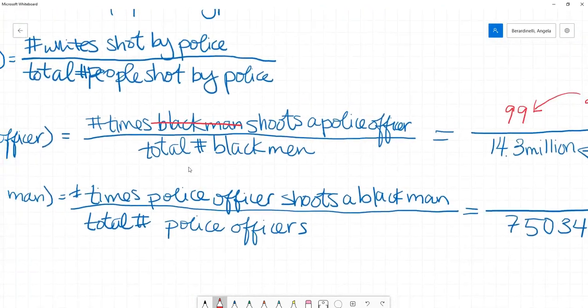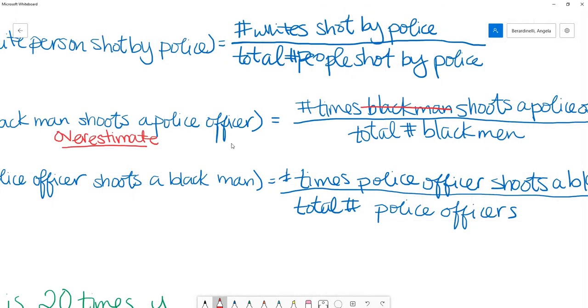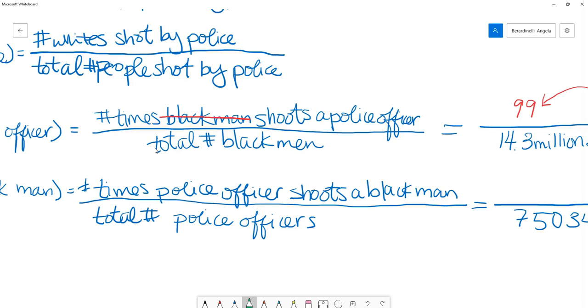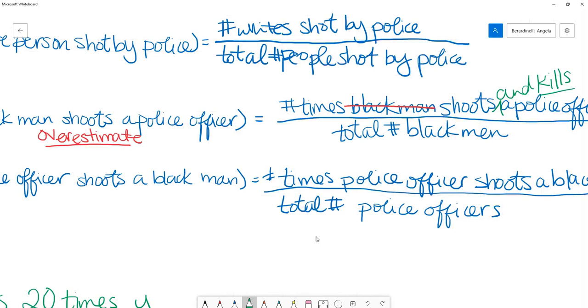On the other hand, you could also consider it an underestimate because we are only looking at the ones that died. These are only the officers who died in the line of duty. So this is not going to be a very reliable statistic for estimating what we want.